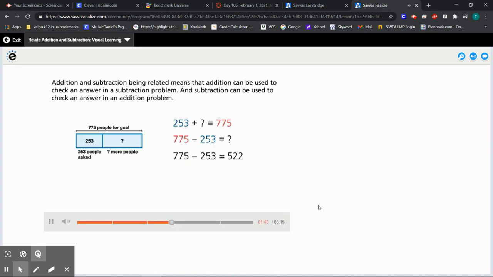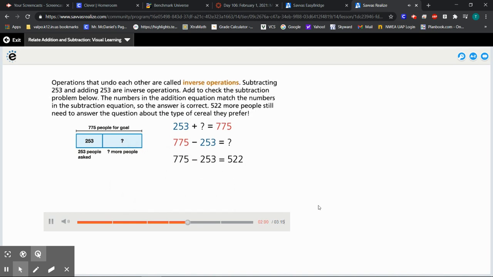Addition and subtraction being related means that addition can be used to check an answer in a subtraction problem. This is a really important idea. And subtraction can be used to check an answer in an addition problem. It's important to check your answer. Operations that undo each other are called inverse operations.